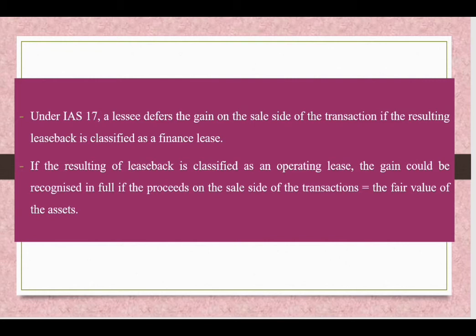But if the resulting leaseback is classified as an operating lease, the gain could be recognized in full if the proceeds of the sale side of the transaction equal the fair value of the asset.